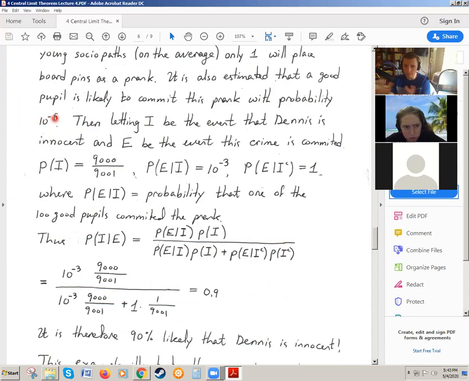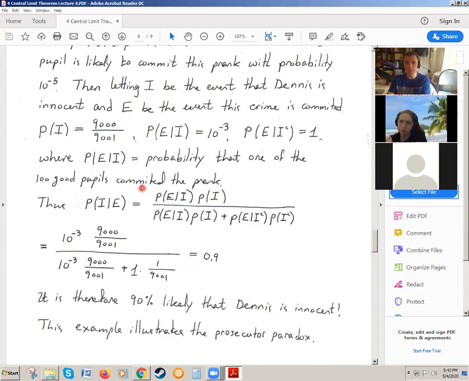I'm just throwing numbers here. That is the likelihood that a good person will go and do this prank. So with this information, the probability of innocence given the evidence is the probability of evidence given innocence times probability of innocence, divided by probability of evidence given innocence times probability of innocence, plus probability of evidence given lack of innocence times the probability the person is guilty.